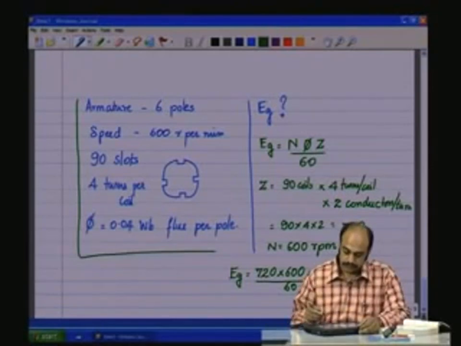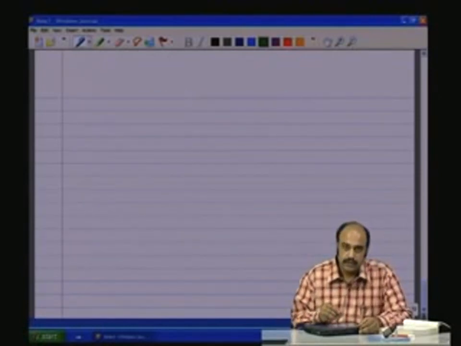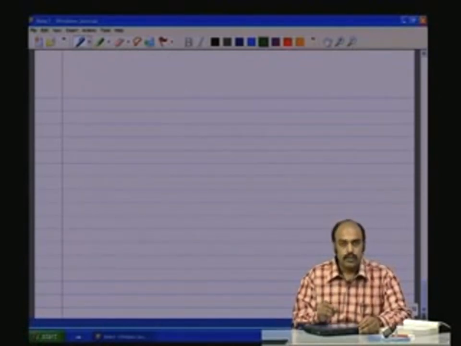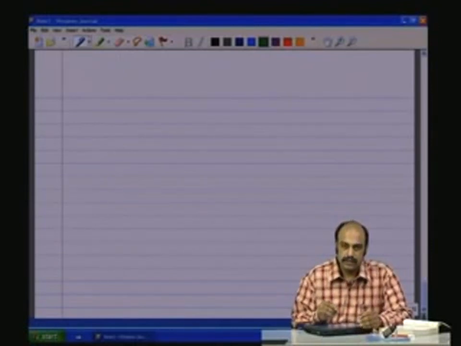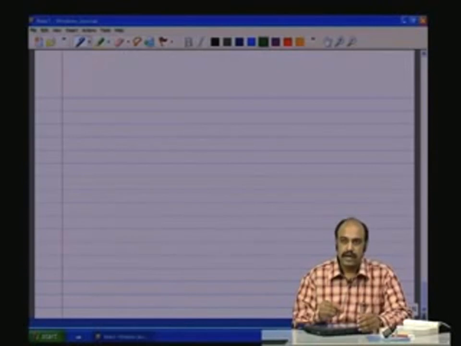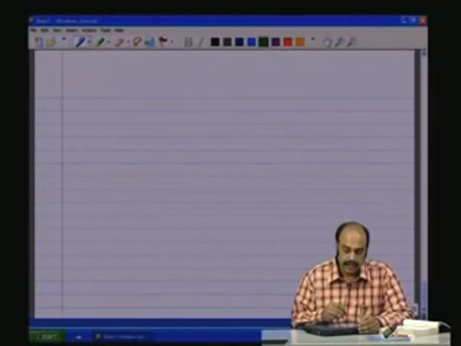Now, we know how to calculate the induced EMF across the generator. We need to look at the circuit of a generator and also the state equation that you would obtain for the following generator.